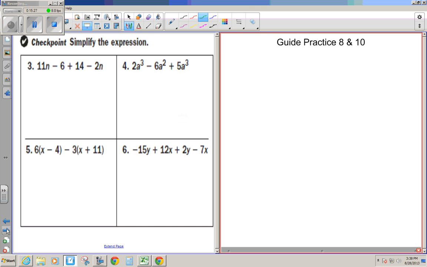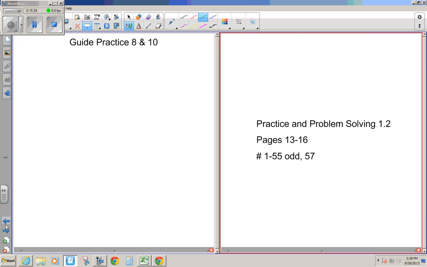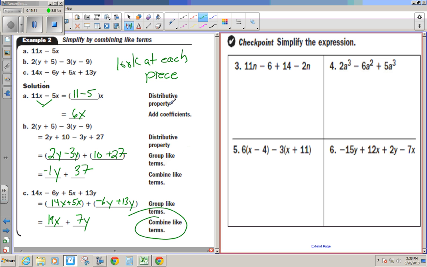All right, we're almost done. We just have a few more things here. Let's simplify the expression. Start by saying that these are the like terms. 11n minus 2n is 9n. Minus 6 plus 14 plus 8.